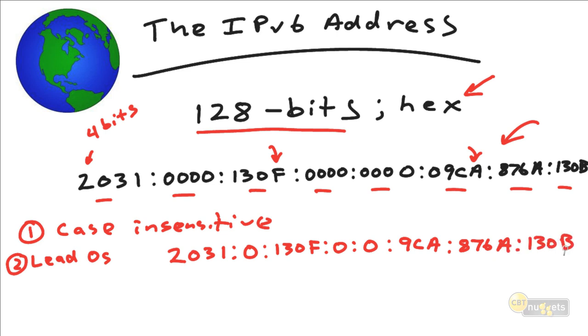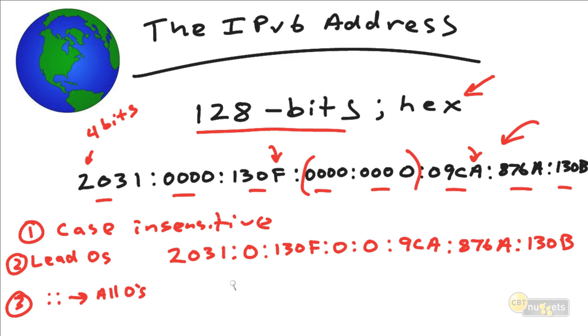Oh, nice. That shortened it up a bit. All of the leading zeros can be trimmed. And then the third one, we can use :: to represent all 0 fields that are successive. In other words, right here, we've got 2 fields that are nothing but 0.